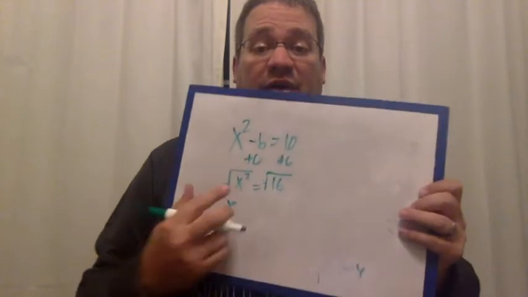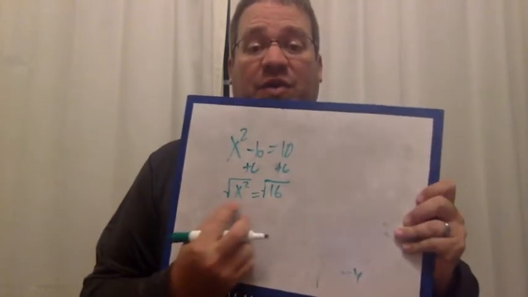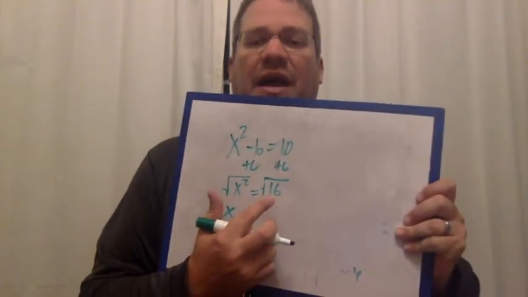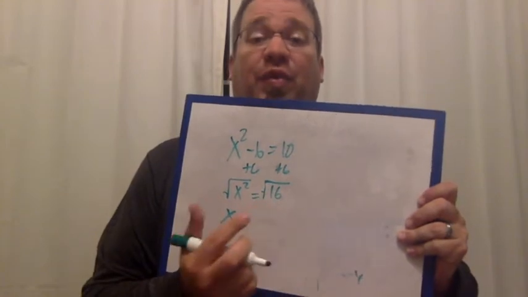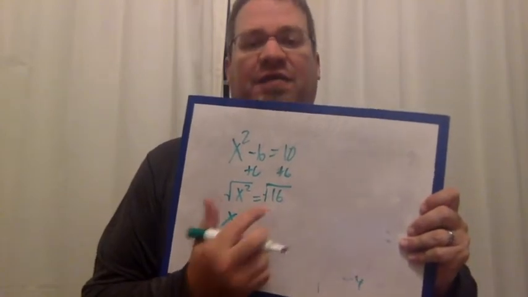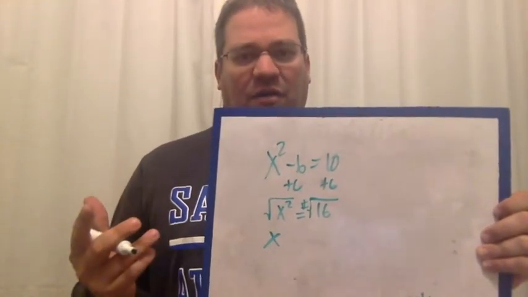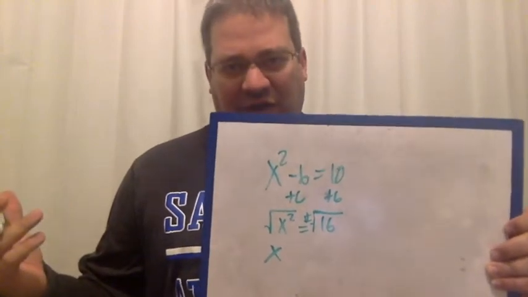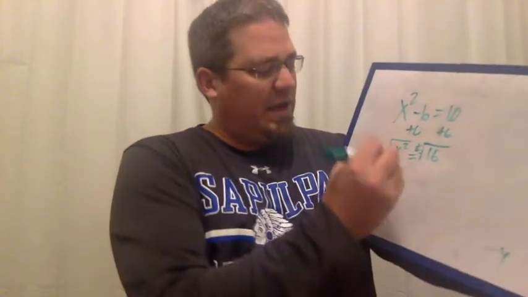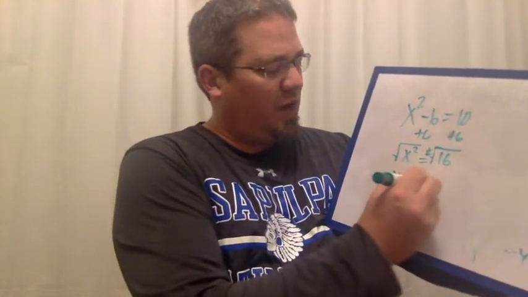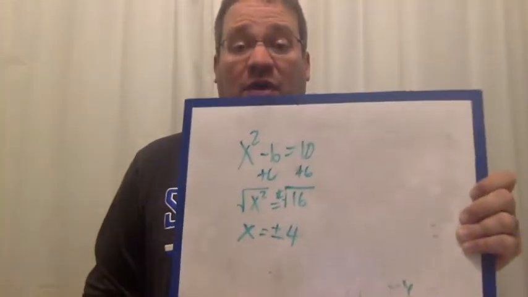So I take the square root of 16. But also remember, I told you this on Monday, anytime I take the square root of both sides with this number, I have to take into consideration both the positive and the negative value. So I'm going to go ahead and write the plus or minus in front of the square root so that I don't forget it. Now we all know the square root of 16 is 4, so x equals plus or minus 4.